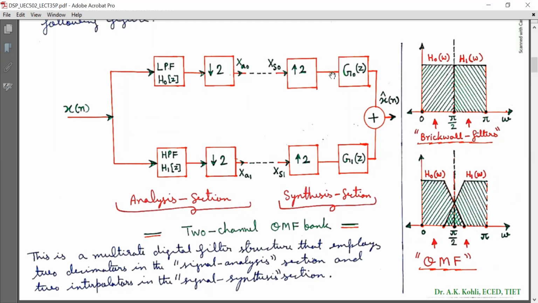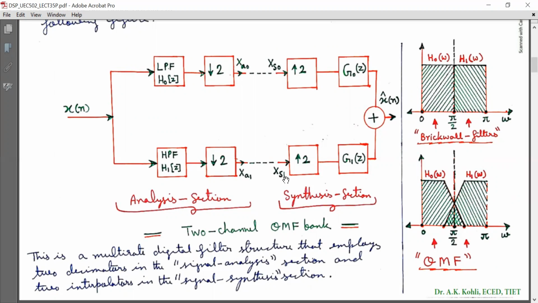The output of the upsampler is given to a filter with system function G0(z), and the output of this filter is given to a summing circuit.